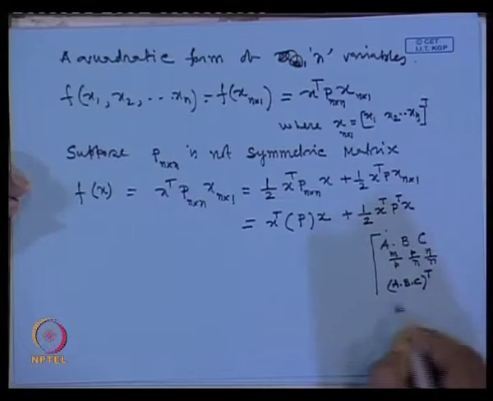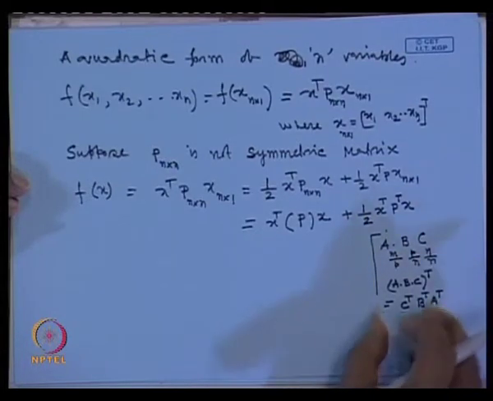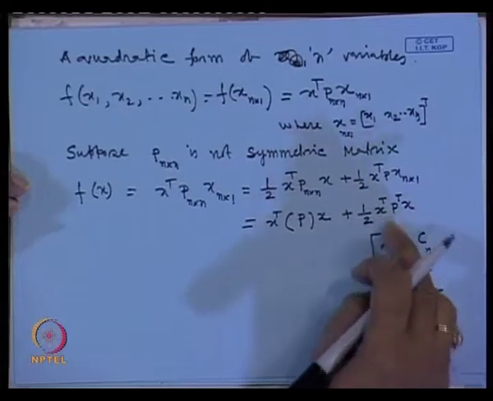If you take the transpose of the resultant product, we can write C transpose, B transpose, A transpose in reverse order. This property I have used here to take the transpose.